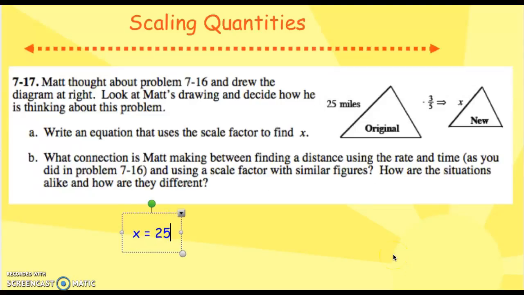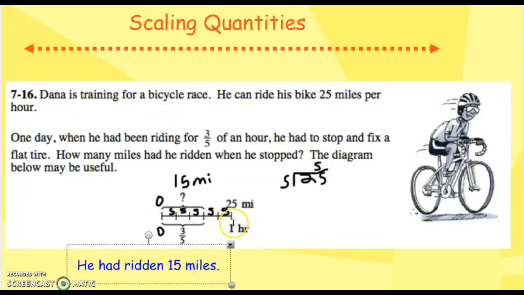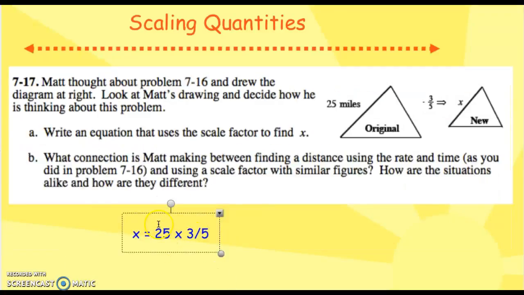So that is essentially what we did here, because we did 3/5 of 25 miles. 3/5 was 15. This is the same thing. 25 times 3/5. That's 3/5 of, multiplication means of, 25 miles.